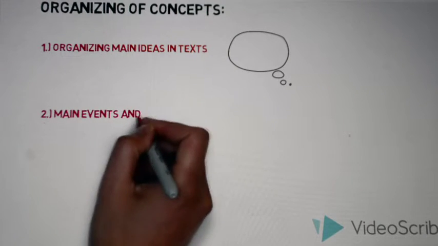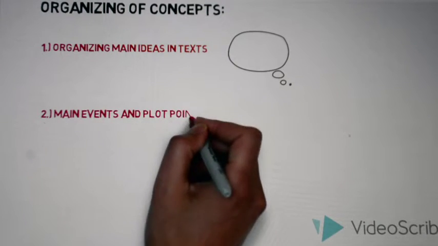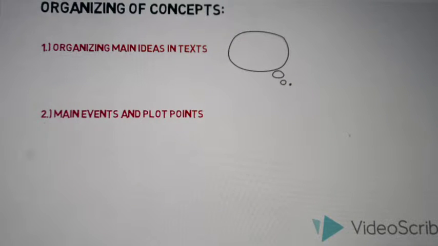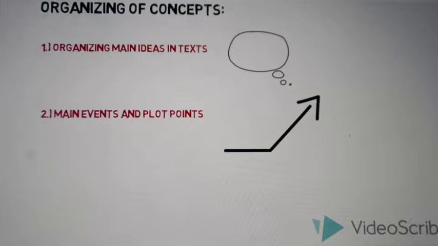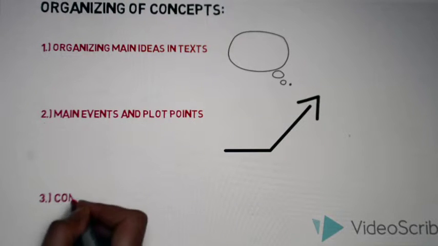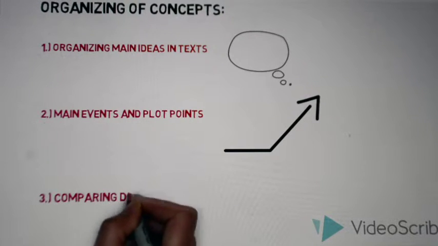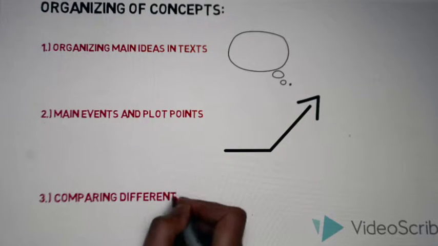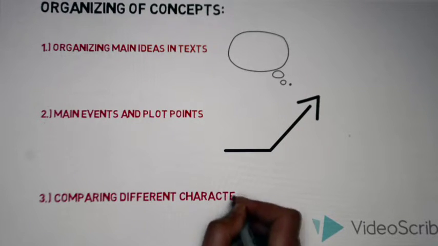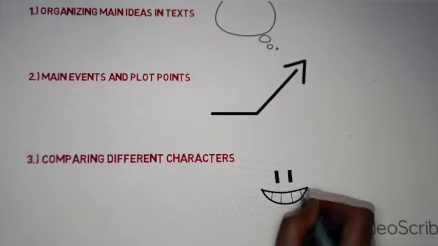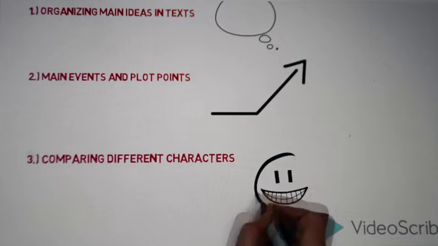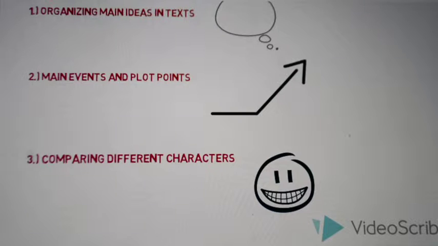And then the second area is going to be the main events of the literary piece, and that could be the plot points, so rising action, climax, falling action. And then the third area of literary concepts where students are going to need to have organizational skills is comparing and keeping track of different characters within a story.